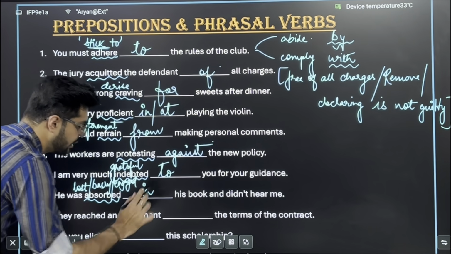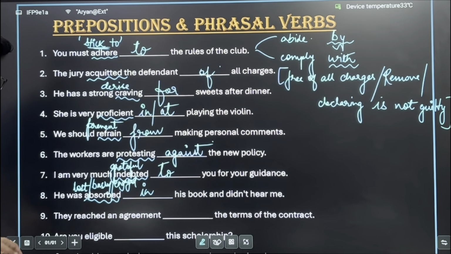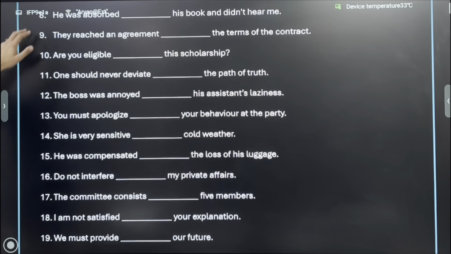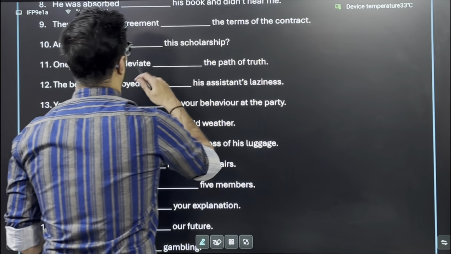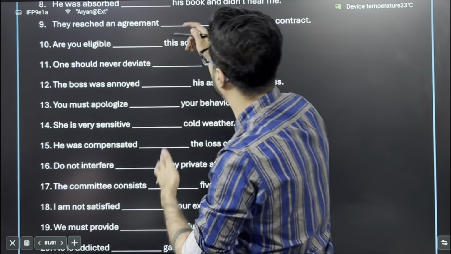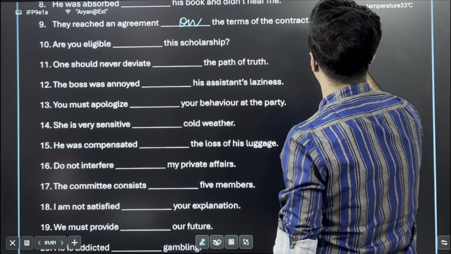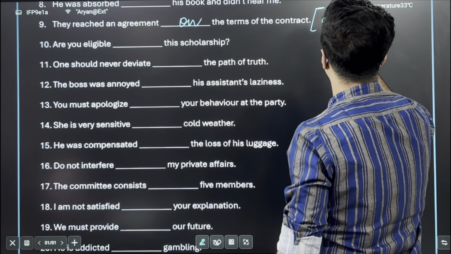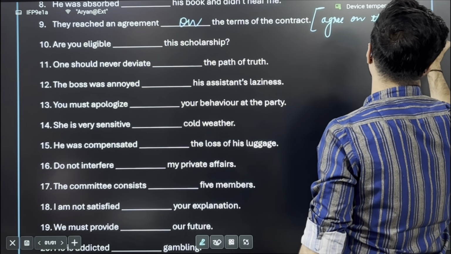So he was absorbed in his book and did not hear me. Next one, they reached an agreement dash the terms of the contract. As per the terms of the contract, they reached a point of agreement on it. So on will be used here, which means to agree on the terms.